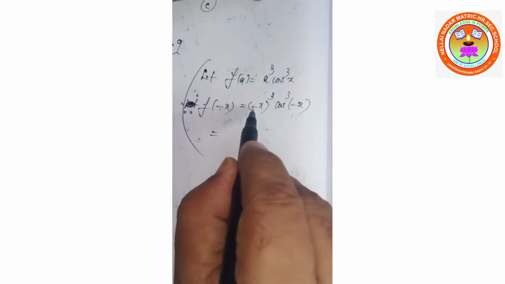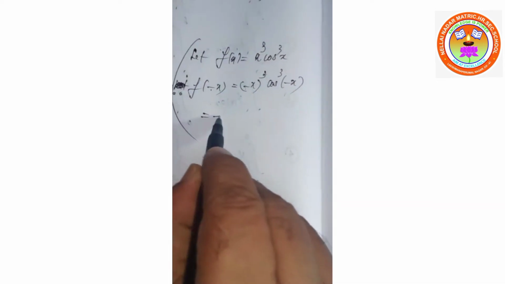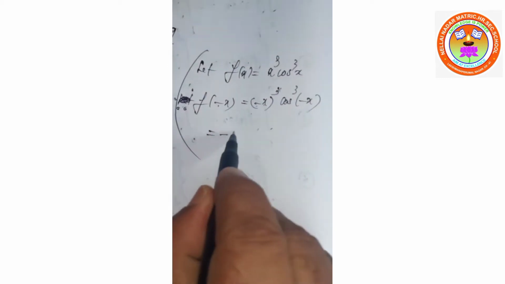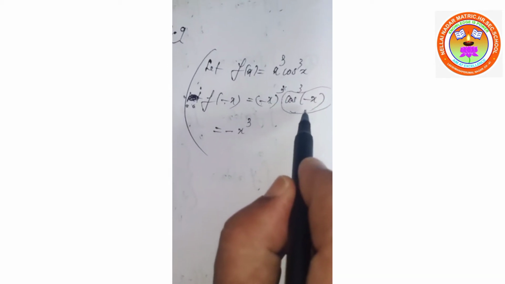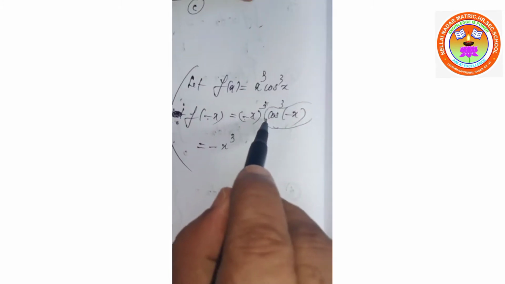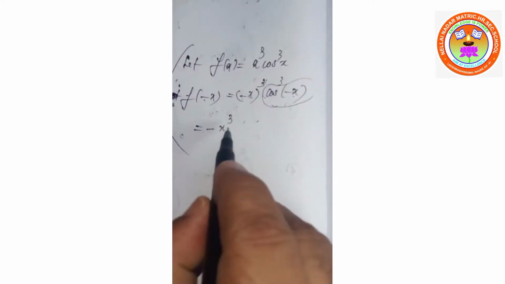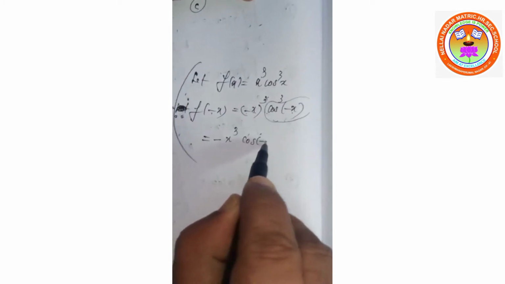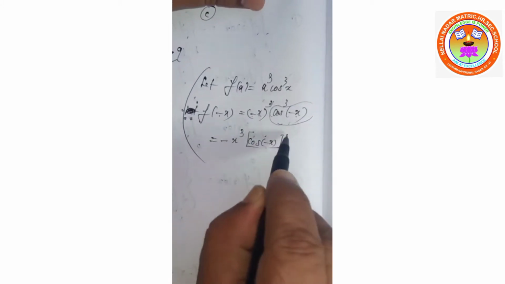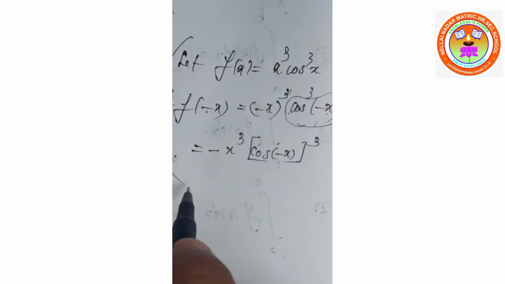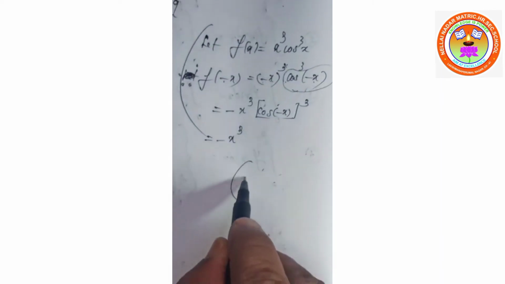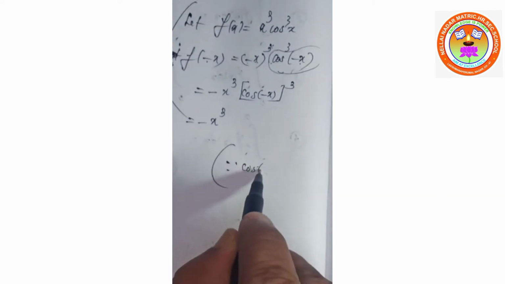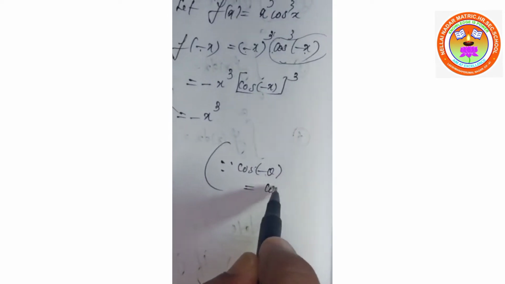Minus to the power of an odd number is minus, so (minus x) power 3 is minus x cube. Cos cube of minus x means (cos of minus x) whole power 3. That is equal to minus x cube. We know very well cos of minus theta is equal to cos theta.